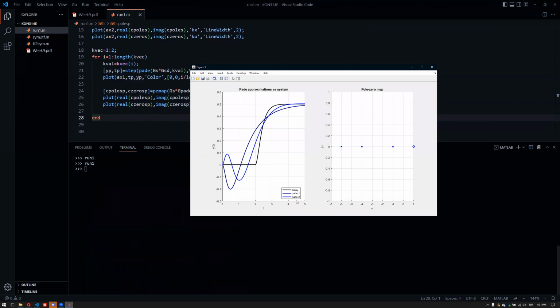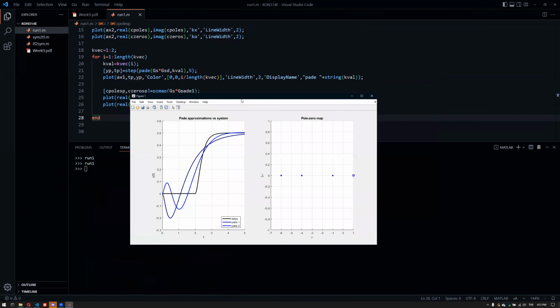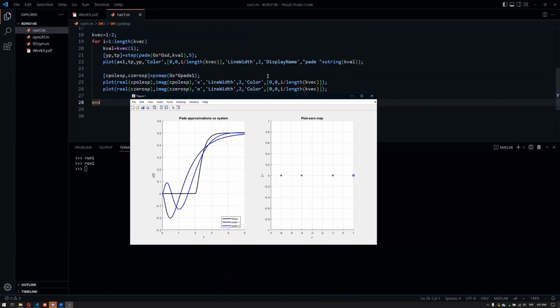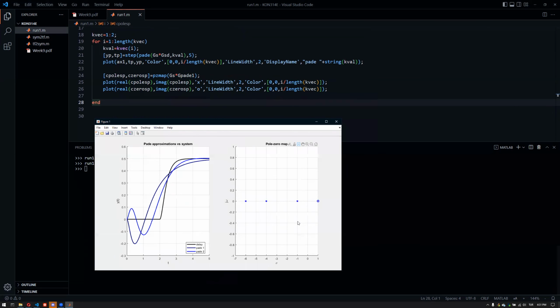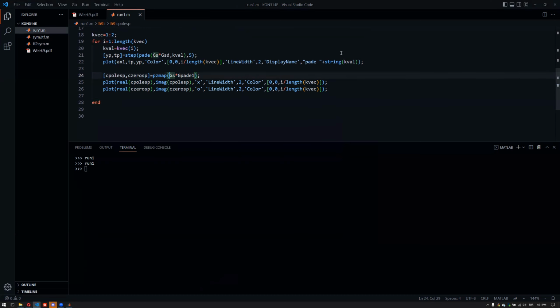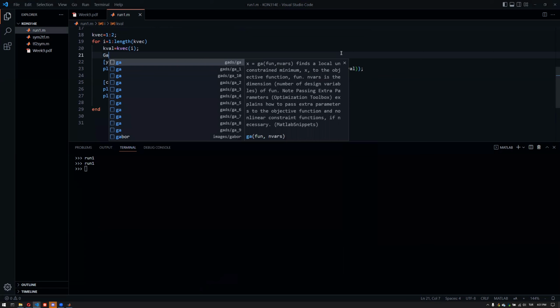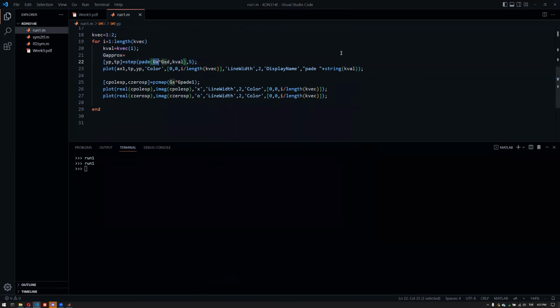There we go. Of course, it's not really helping us here. Did we mess up stuff here? 1 and 2. The response looks correct, but I'm not sure about the poles and zeros. -4, -6, -1, 1. But, oh yeah, of course. So G approx, maybe the transfer function, let's call it that.